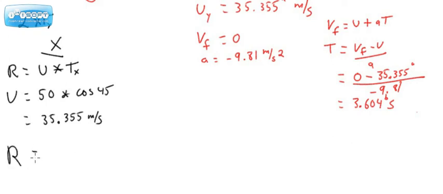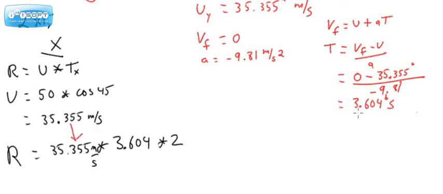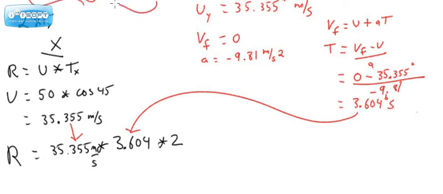So my range is going to be equal to 35.355 meters per second times, well, let's look at it this way, because in reality this is my 3.604 seconds times 2. This comes from here, and the 2 comes from the fact that there are 2 components.